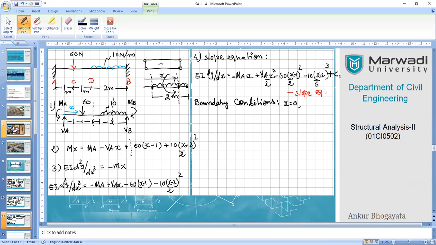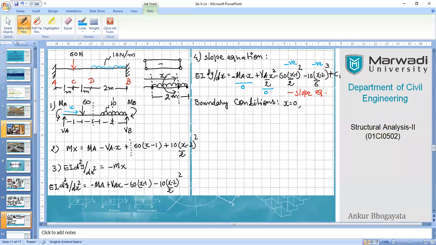This term becomes 0, this term will also become 0, and these two terms become negative. As per the rule of Macaulay's method, when you have a negative term in your equation, you need to ignore them.